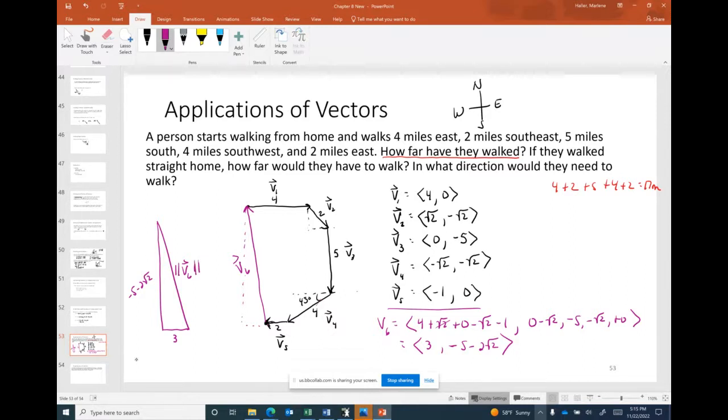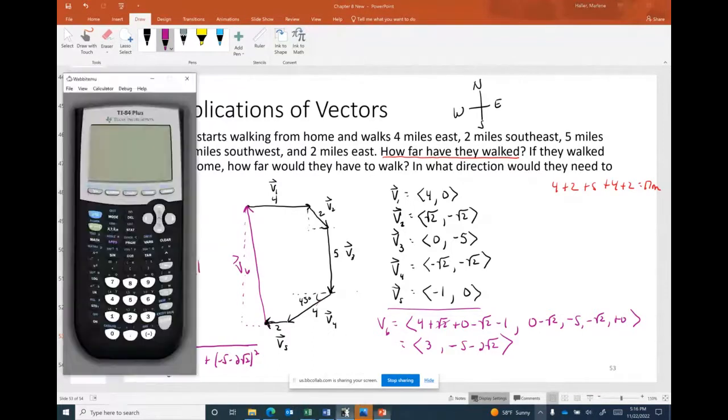It's going to be the square root of 3 squared plus negative 5 minus 2 square roots of 2, squared. Remember, magnitude squared is leg squared plus leg squared. So the magnitude itself would be the square root of leg squared plus leg squared. Let's see if we can find out what that value is.